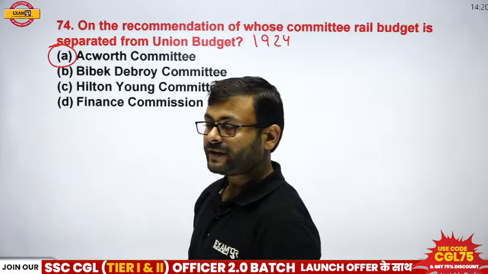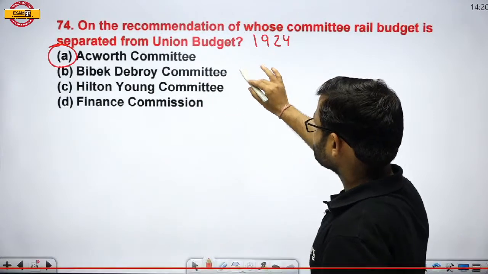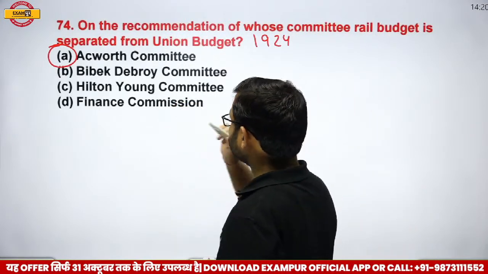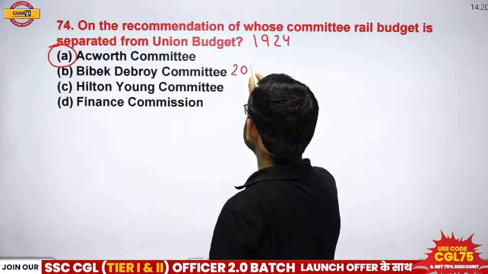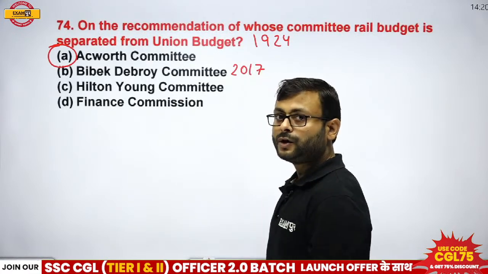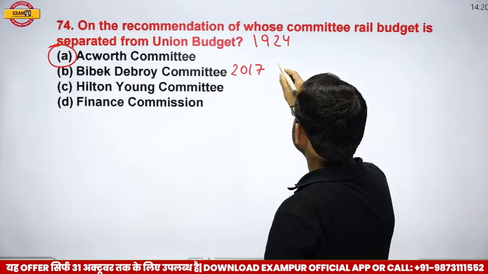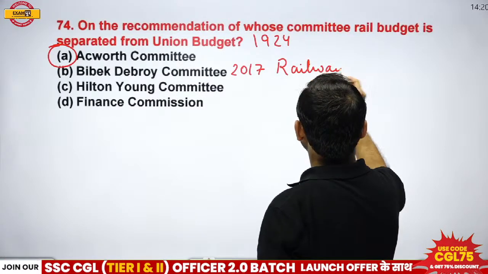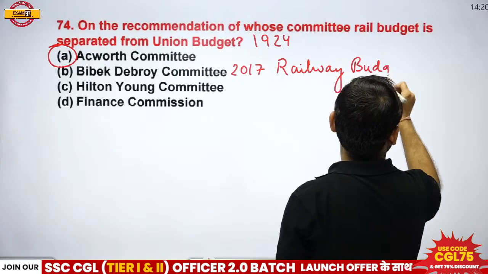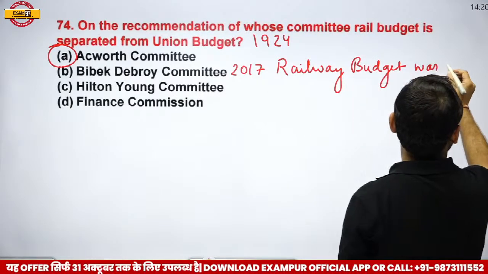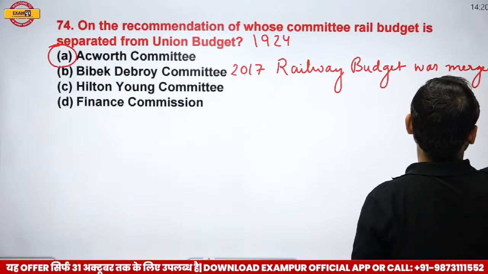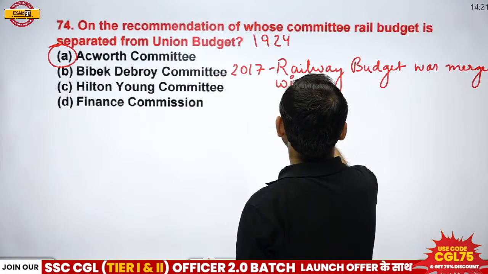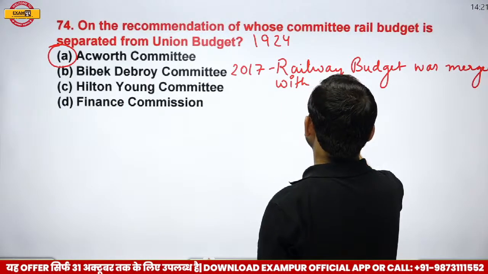On the recommendations of the Acworth Committee, the railway budget was separated from the union budget. The Vivek Debroy Committee was formed in 2017, and on its recommendations the railway budget was merged with the union budget.